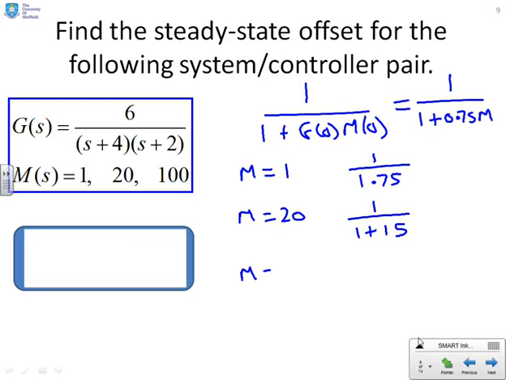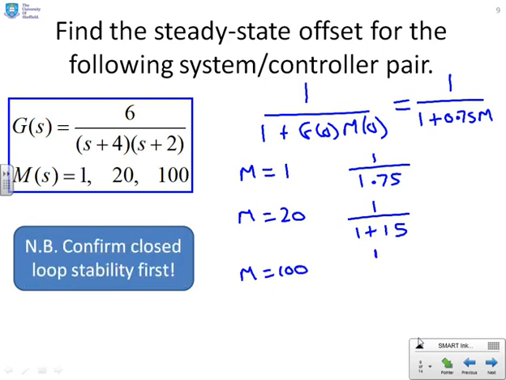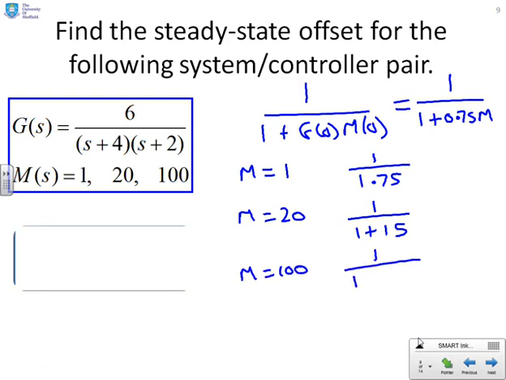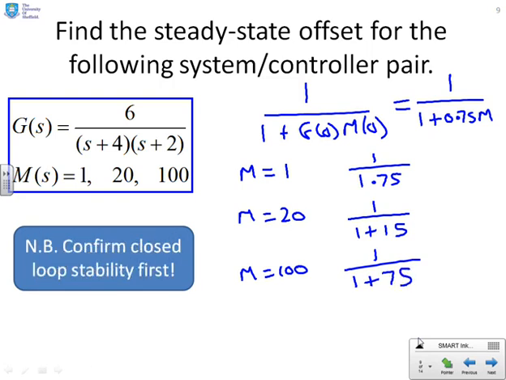And if I put M equals 100, I get 1 over 1 plus 75. Now, the clear thing to notice is that as M increases, the error, or the offset, gets smaller. Okay? So as M increases, the offset gets smaller, but it's still not 0.